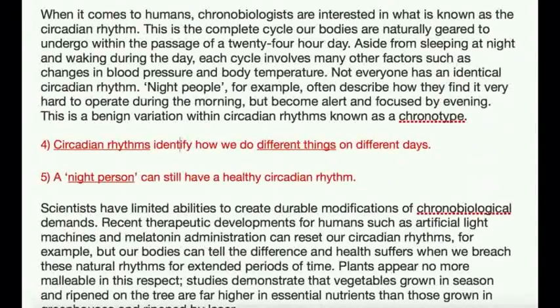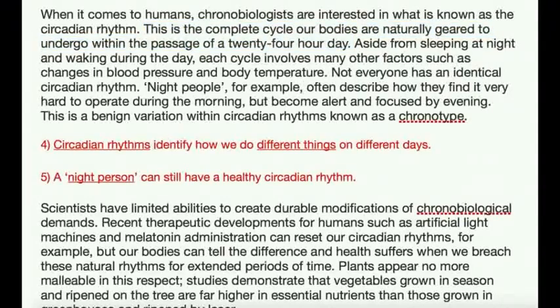So you have to be careful. This is not connected, but it might make you think it's connected to being different. So the answer is in this part here, which is the definition. So it's a complete cycle our bodies are naturally geared to undergo within the passage of a 24-hour day.